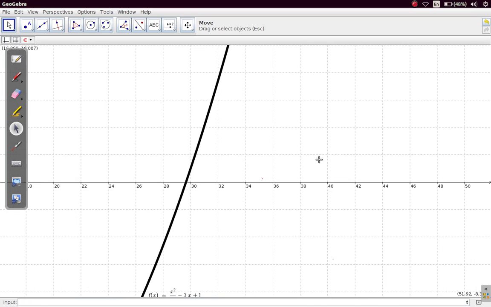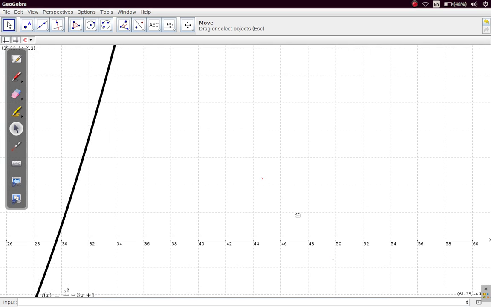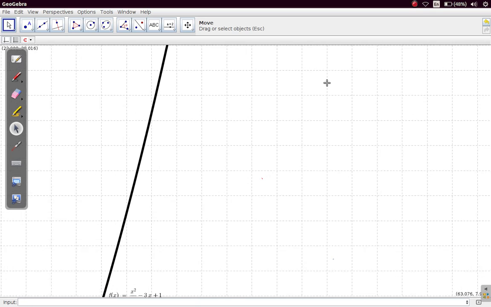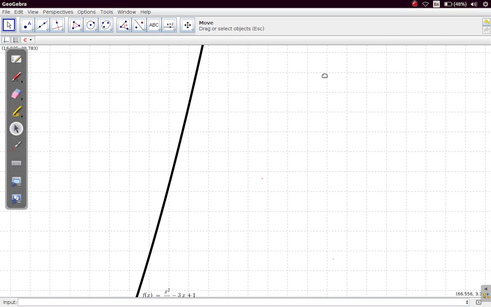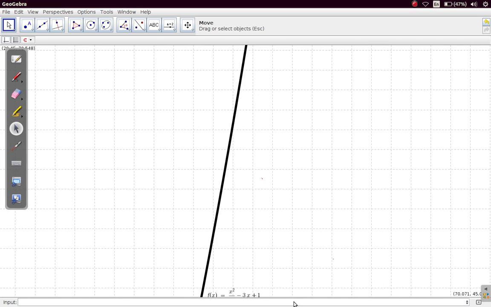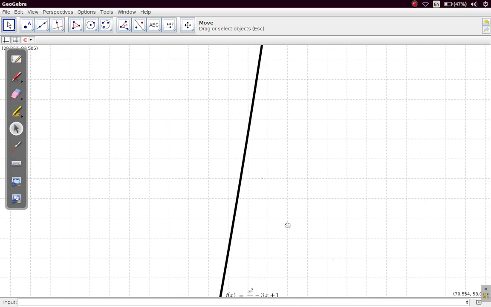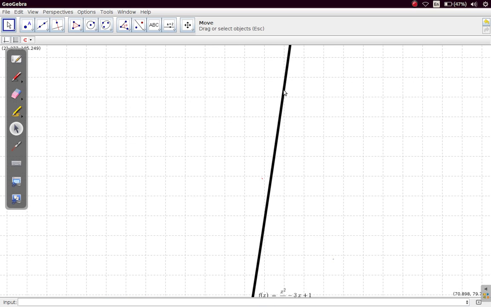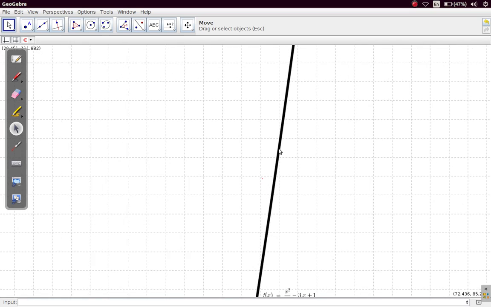Alright, this is our 50 line right here. Let me go up and not lose it. I don't want to lose the 50 line. Right, still seeing the 50 line, haven't lost it. Alright, this is the 50 line.